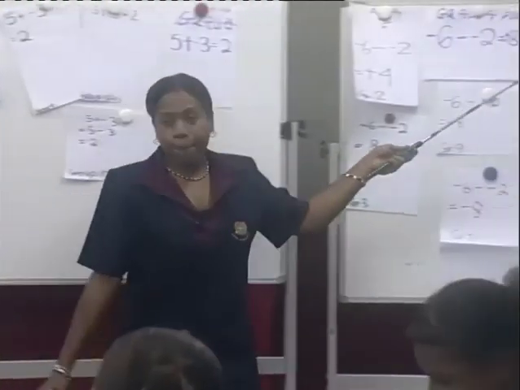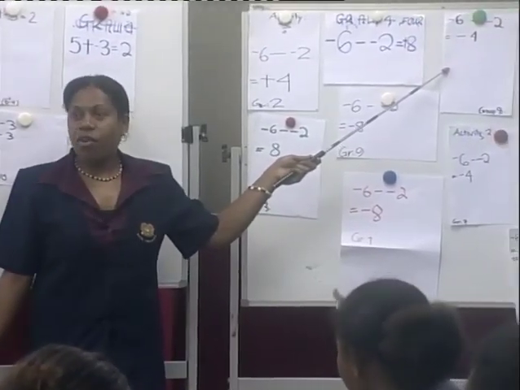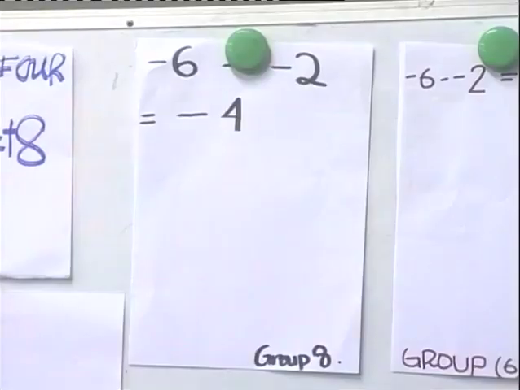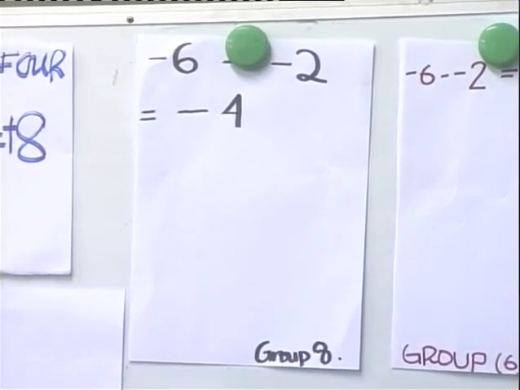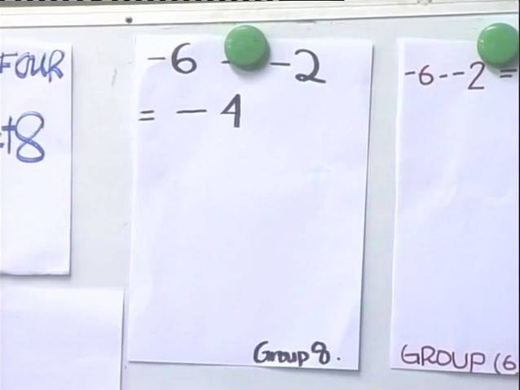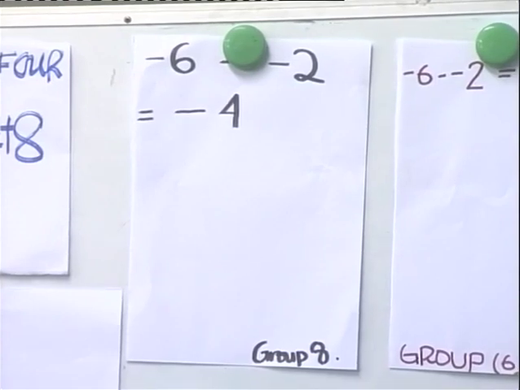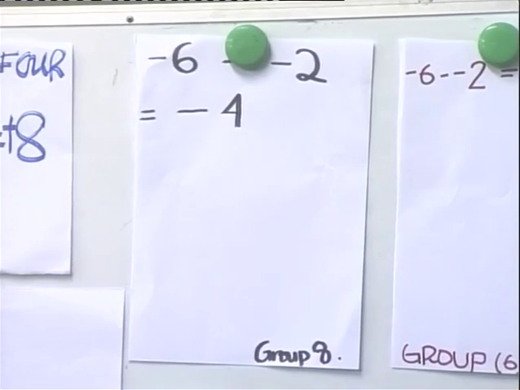Negative 4. How did we get negative 4? Those of you who got negative 4, receiving students, can you explain your answer, please? Which group is this? Oh, group 8.